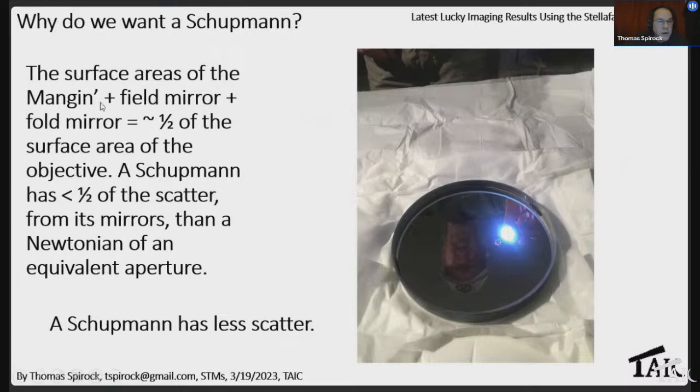So the surface area of the Mangan, which is the corrector, plus the field mirror, plus the fold mirror, which is just your Newtonian right angle mirror, is about 1/2 the surface area of the objective. So the Schupmann has about 1/2 the scatter from its mirrors than a Newtonian of equivalent aperture.